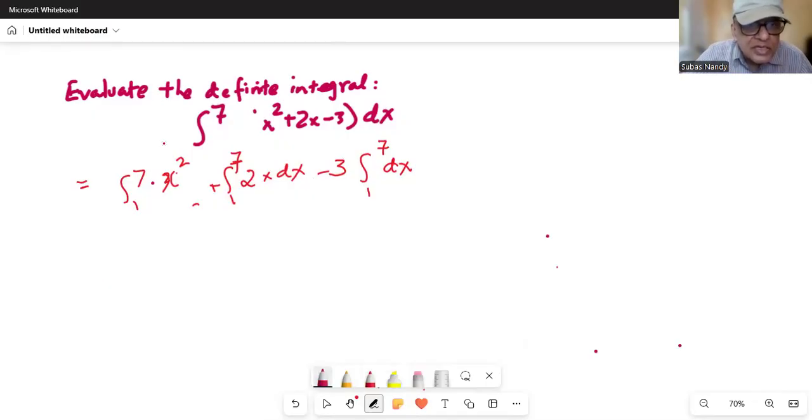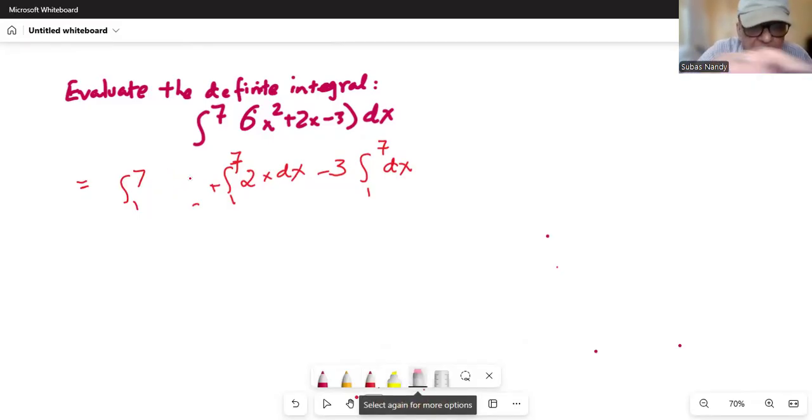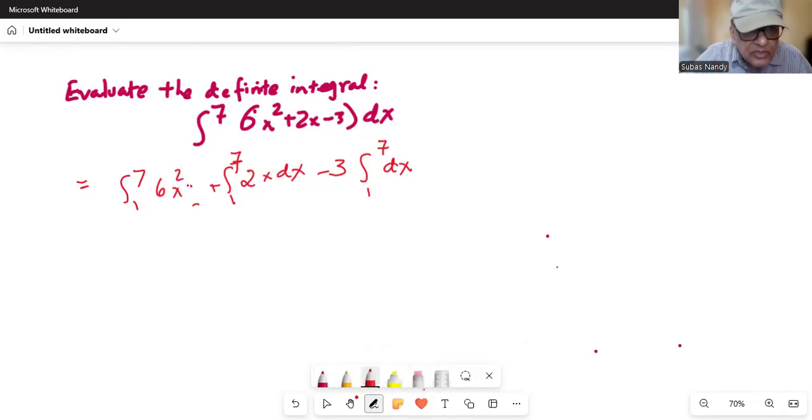Here it is 6x squared. Let me write it out properly. It is limits of integration 1 to 7 and 6x squared dx.